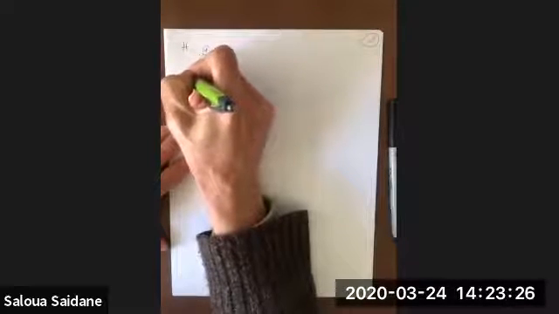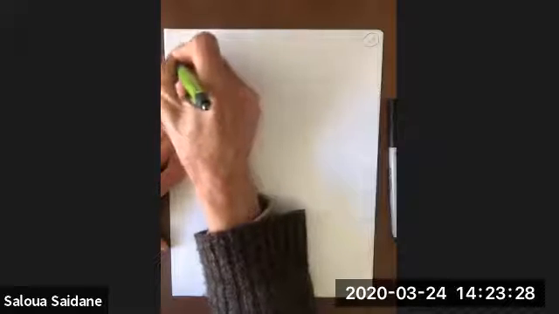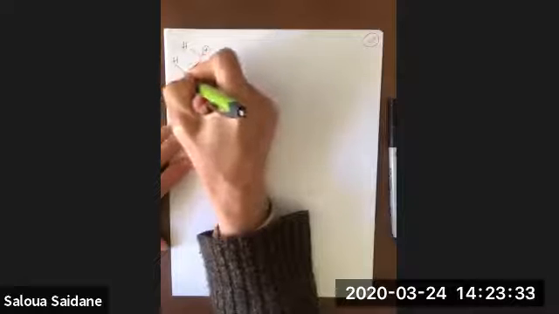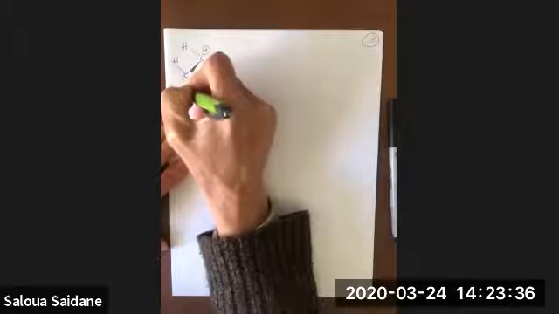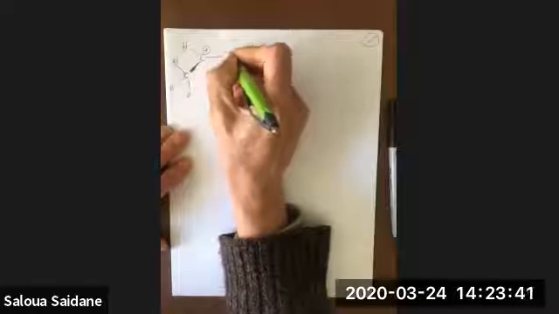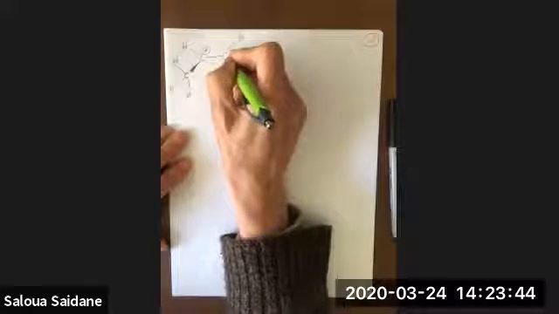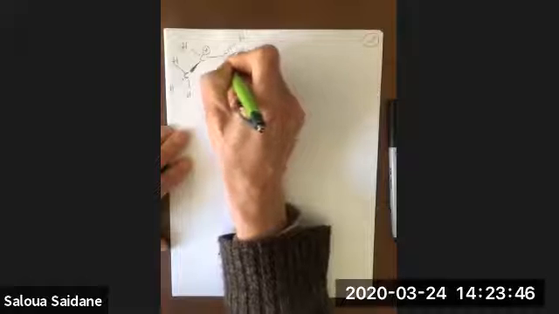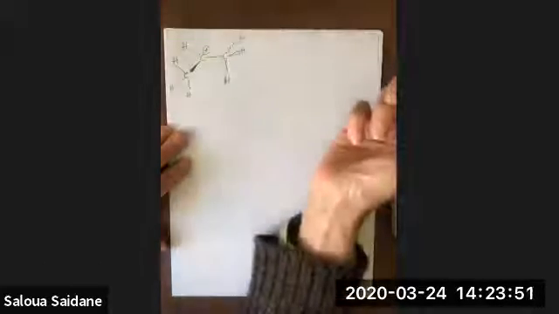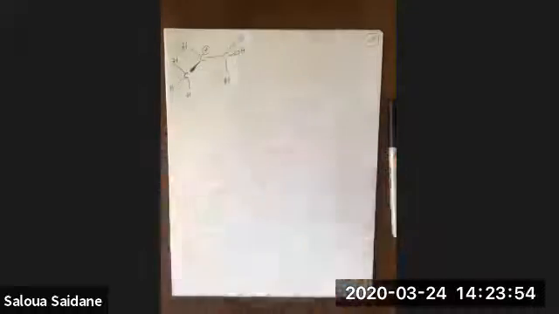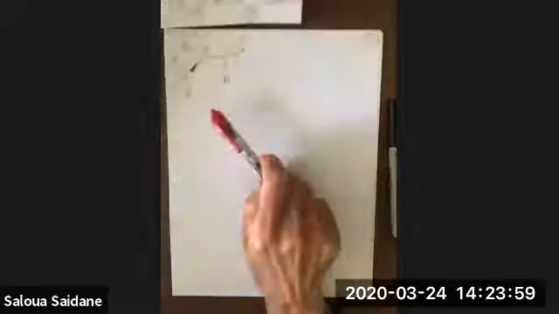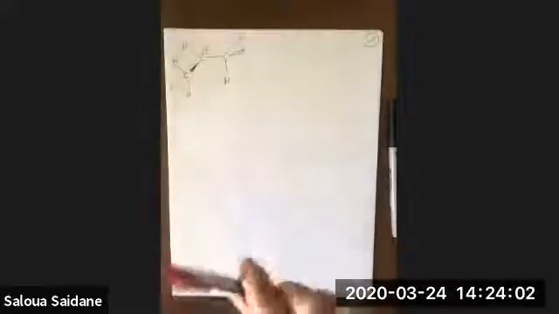So how does CH3 look like? It's a C with an H here, an H here, and another H here. Now on this side, we had the C, H, H, and H. So this is the structure compared to that one.